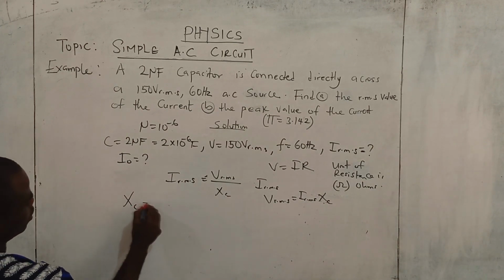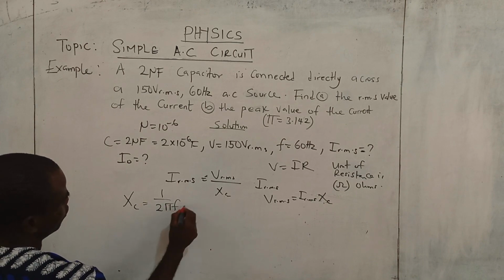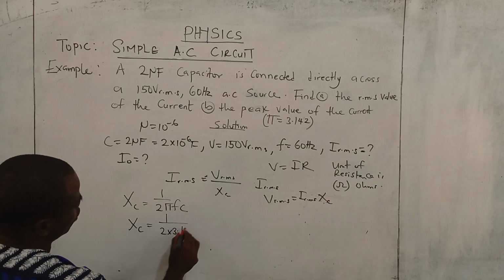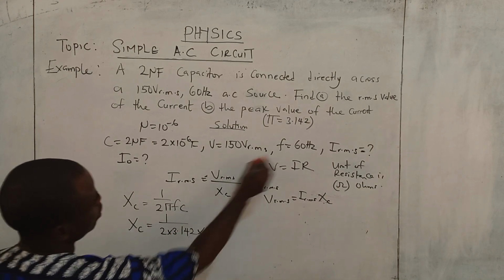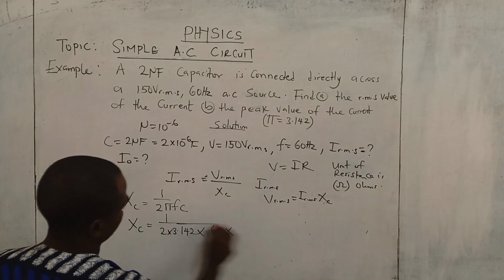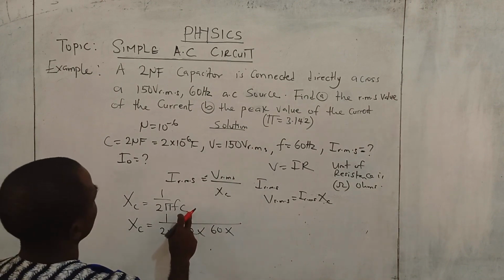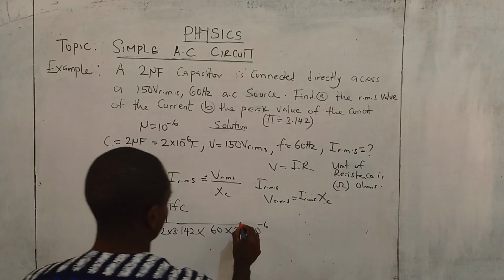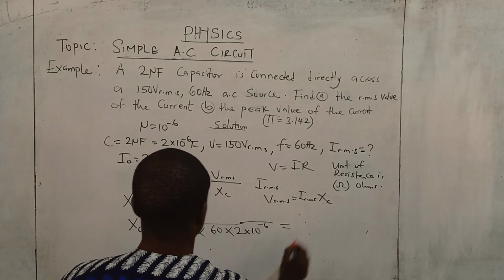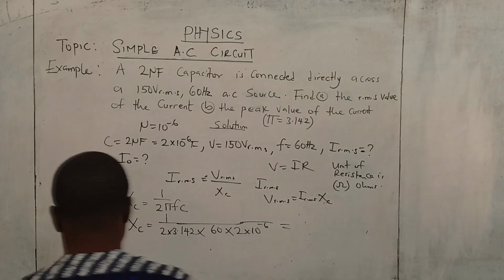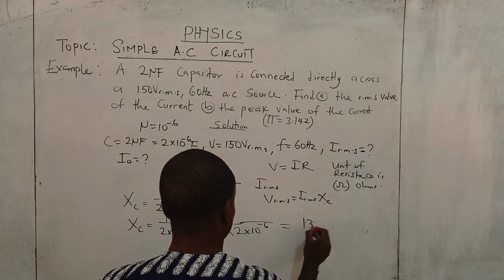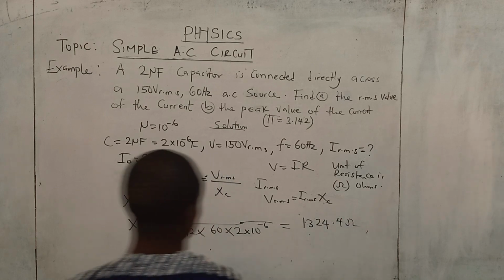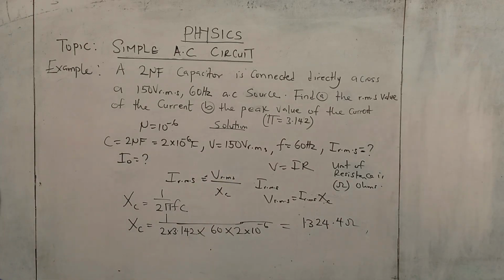Now Xc equals 1 over 2 pi f c. Xc is 1 over 2 times 3.142 times the frequency, 60, times the capacitance, 2 times 10 to the power minus 6. When you press your calculator, you have Xc to be 1324.4 ohms. Don't forget the unit of capacitive reactance, ohms.